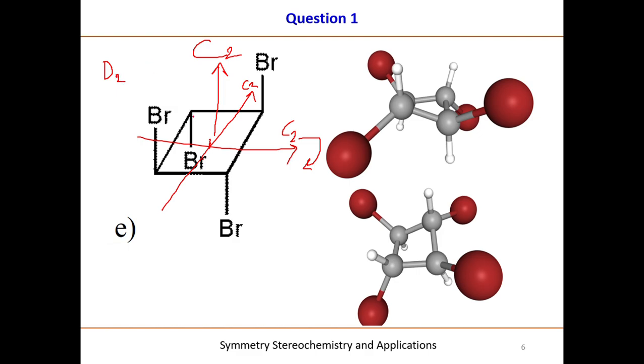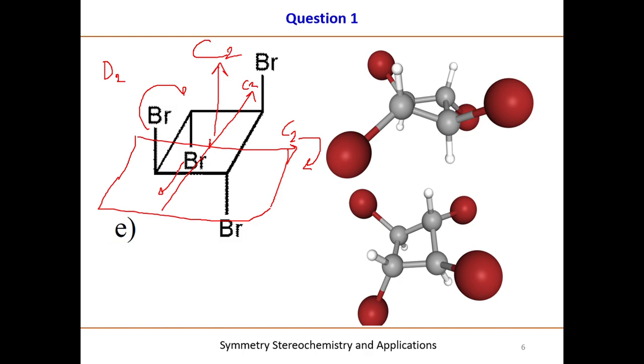Now is any other plane present here? Any plane of symmetry? Can you pass the plane through these two C2 axes? If we pass the plane through here, what will happen? You will see this downside bromine will come to this side, this bromine will go to that side. But if you check here, this will not look like the original one.